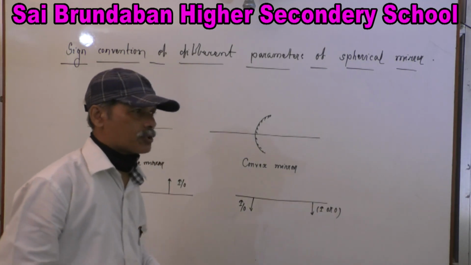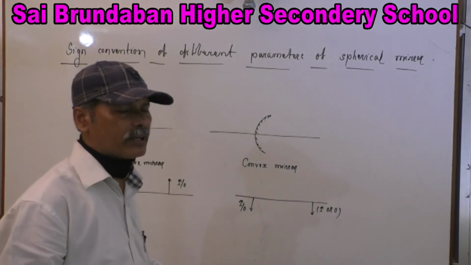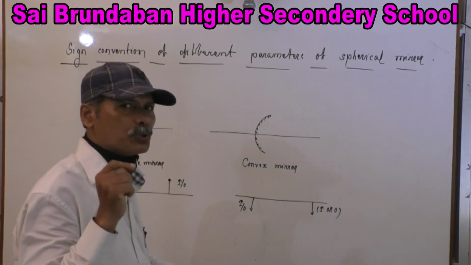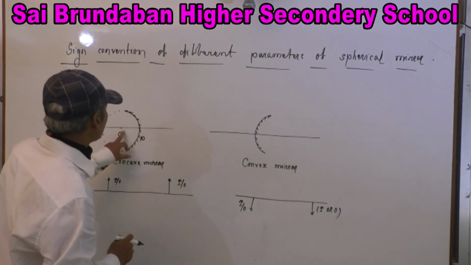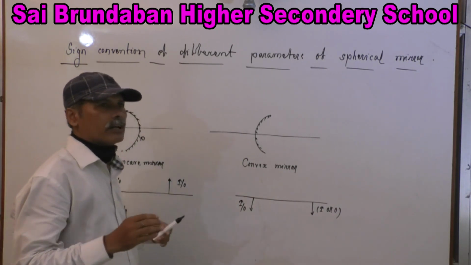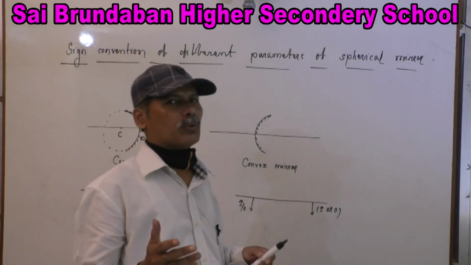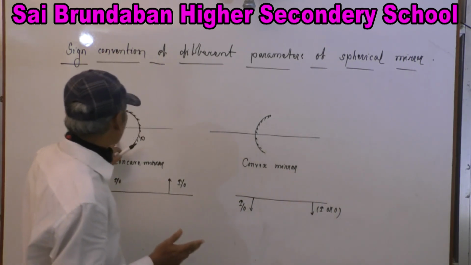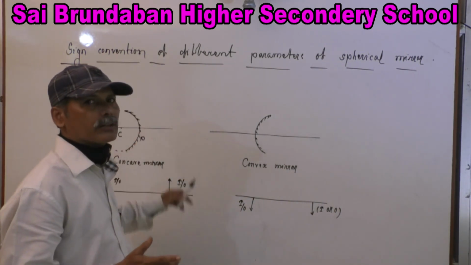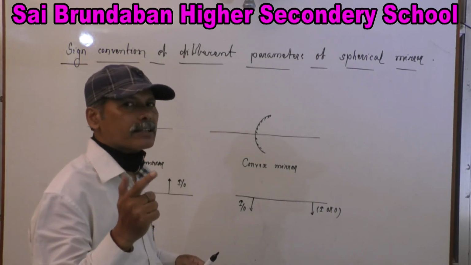Accuracy is the most important thing when you draw ray diagrams. This is the center of the sphere. No doubt the principal focus will be in between the center of curvature and the pole. It situates at the midpoint.